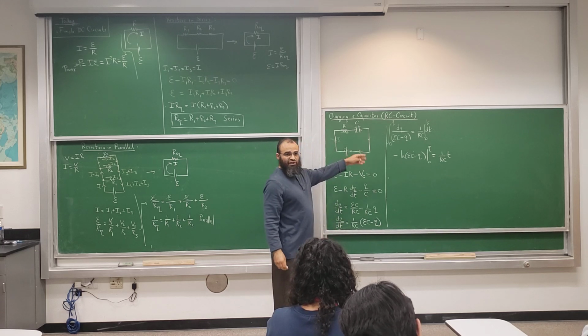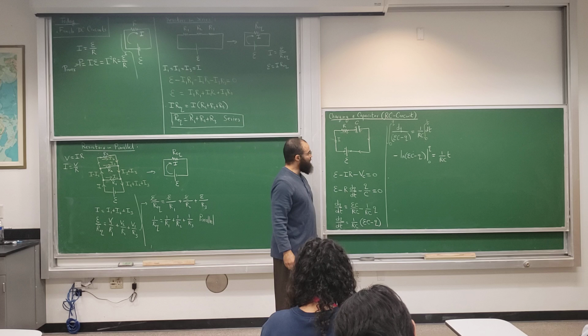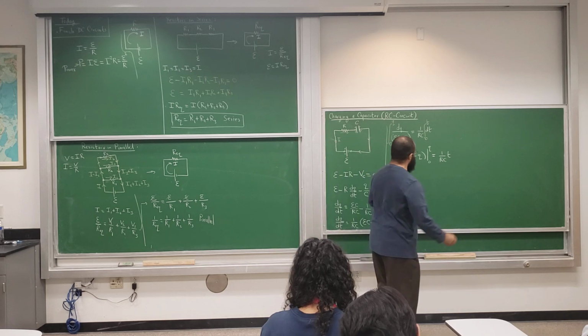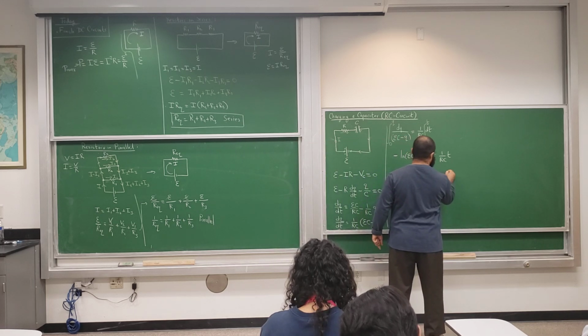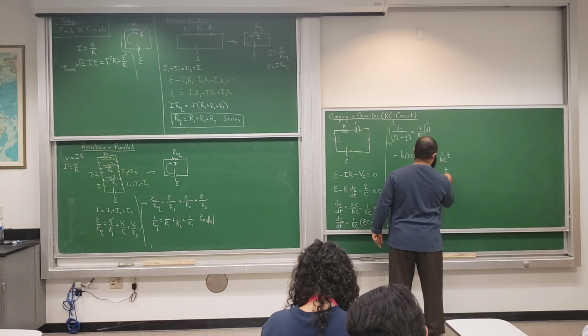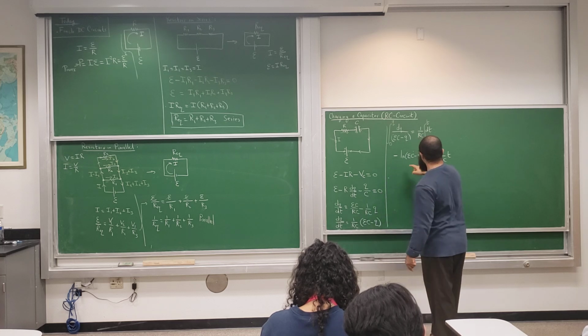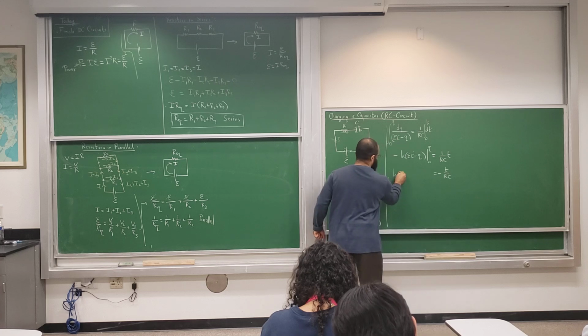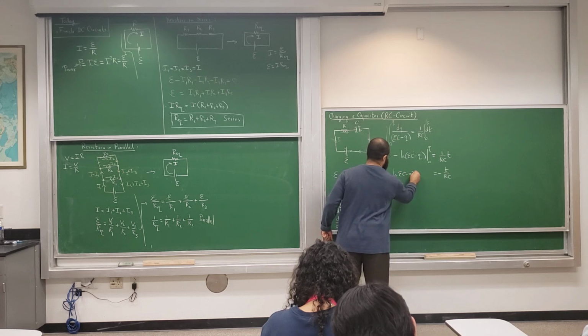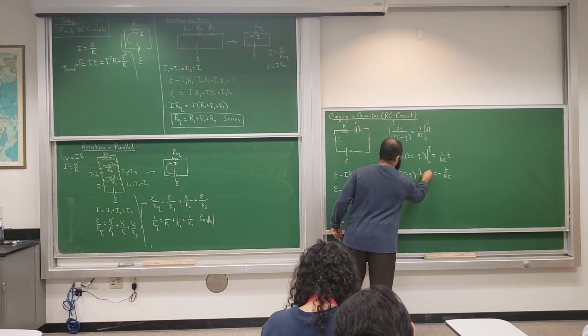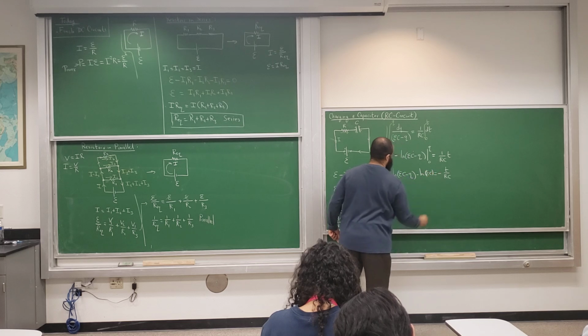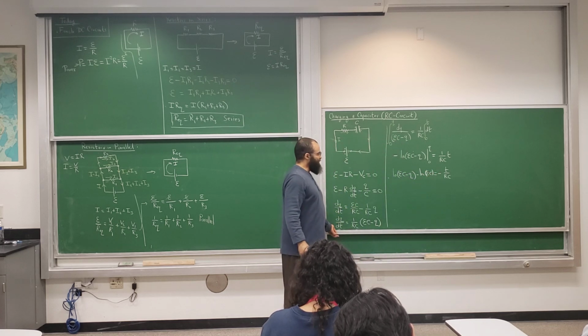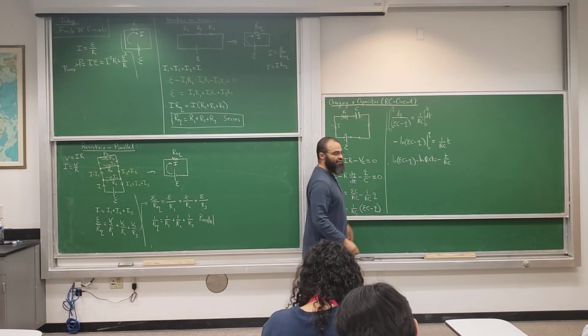Now I need to just evaluate. I will move this minus sign to the right side, so I have minus T over RC. And then here I have ln of the ratio.